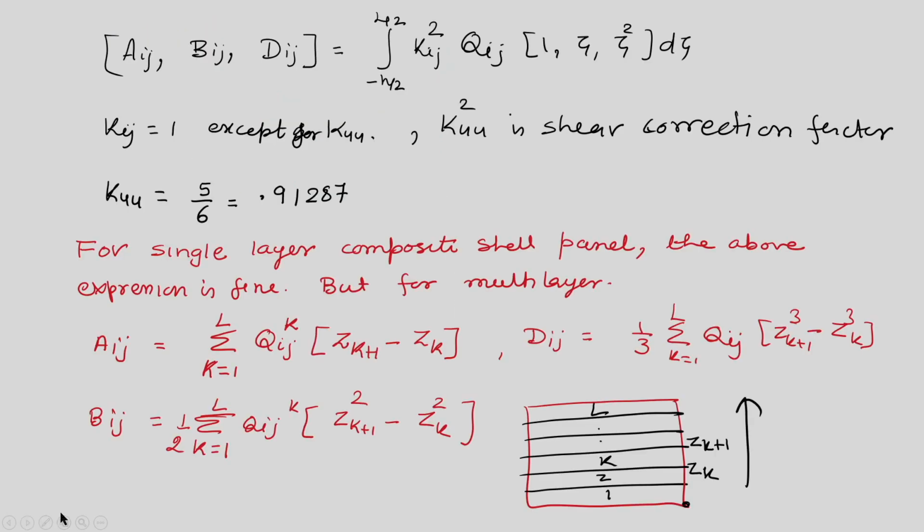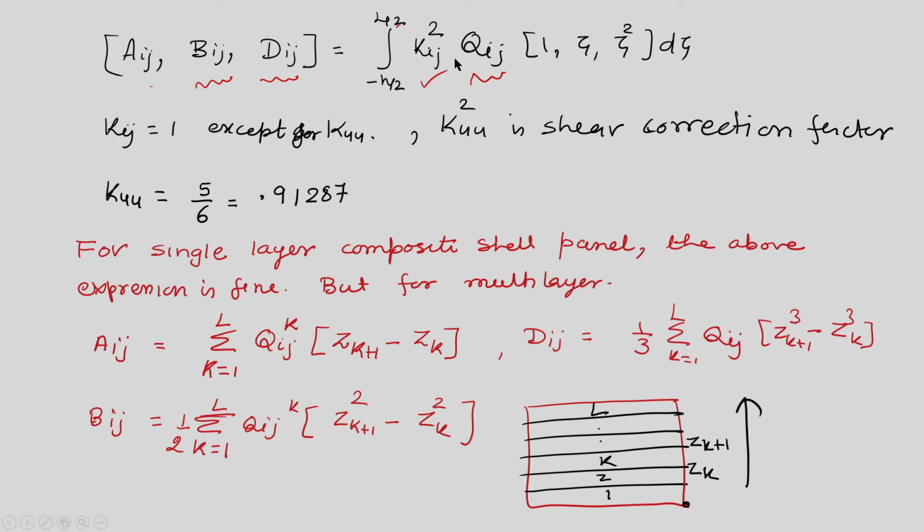Ultimately, all the coefficients like A11, A22, A21, A12, Aij, then Bij and Dij are written as the integral from minus h by 2 to plus h by 2 of Qij. When it is multiplied with 1, it will be known as Aij. When it is multiplied with zeta, it is known as Bij. When it is multiplied with zeta square, it is Dij. Here the term small Kij square is used.